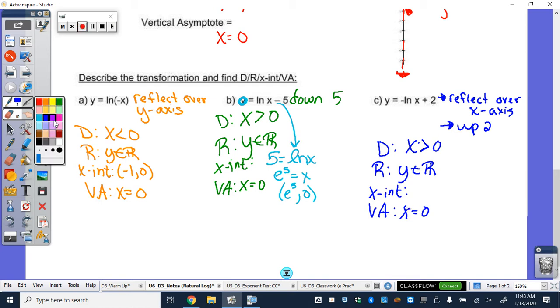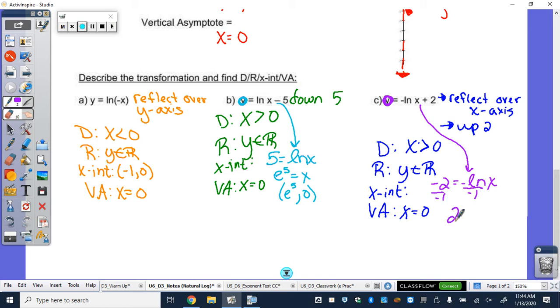So let's go ahead and do that algebraically again. If we put a 0 in for our y, we would want to subtract the 2 over first. So I get negative 2 equals negative ln of x. I'm going to divide by that negative 1 to make everything positive. So then rewriting it in the other form, exponential form, we would get e to the second equals x. So that's where our x-intercept will be this time, at e to the second.